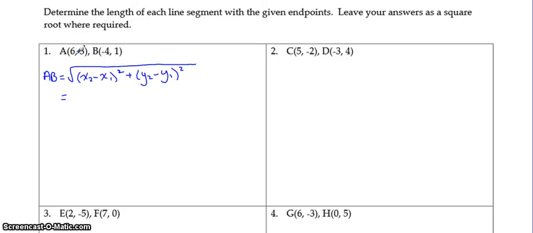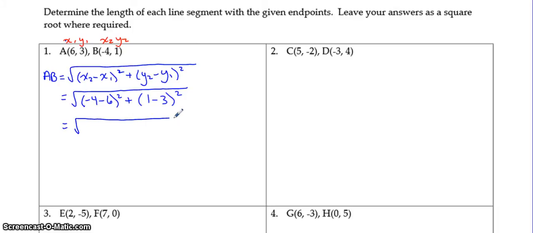Now you're going to substitute. This is x1, y1, and this is x2, y2. So x2 minus x1. So square root of negative 4 minus 6 squared plus y2 minus y1, 1 minus 3 squared.